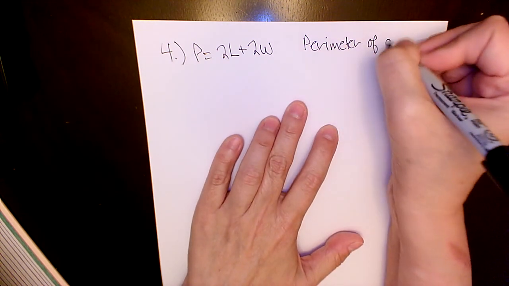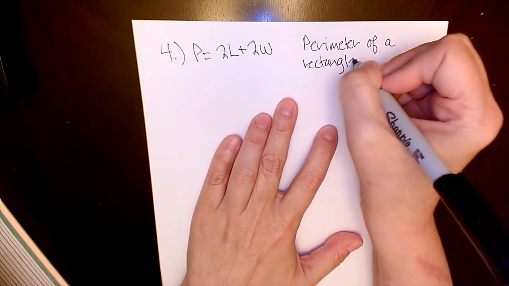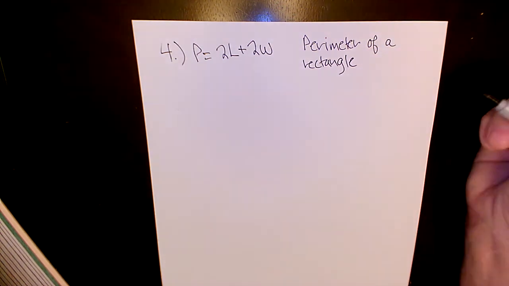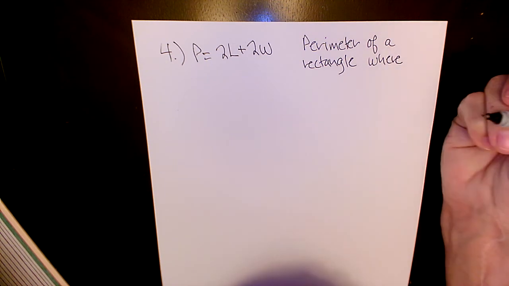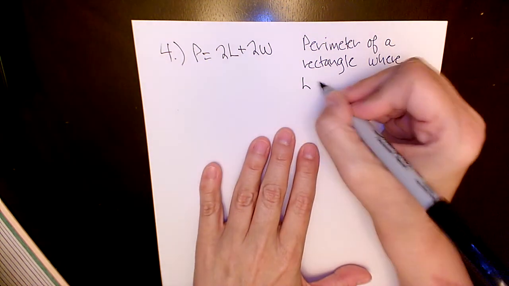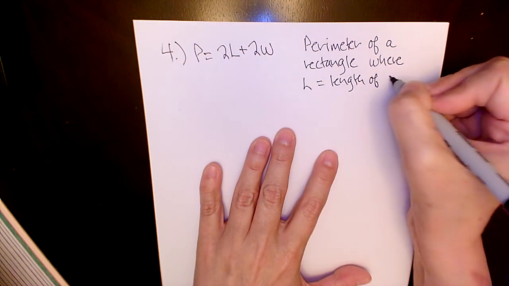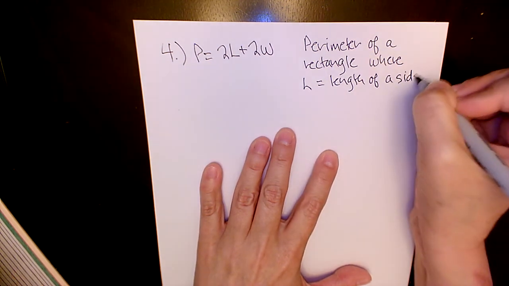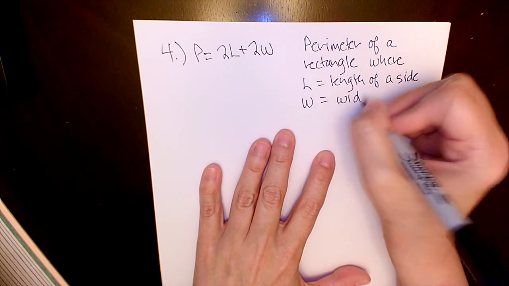I'm sorry, of a rectangle. Holy moly. Okay. Where L is the length of a side and W is the width.